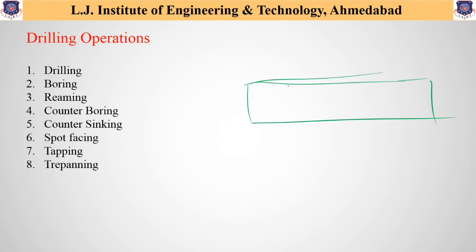So if we want to generate a hole of this much diameter, what happens? The tool is fixed at the center and it has a pointed tip available at its end, which can be adjusted. So this distance along the length direction or this radius can be adjusted on this particular tool.